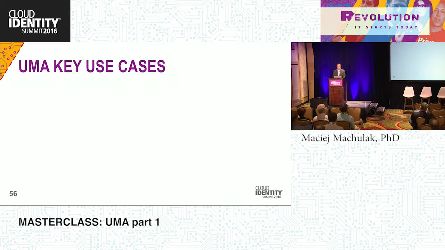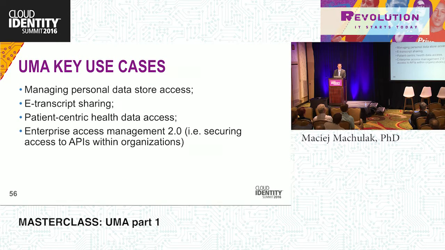We'll skip that, but the set of use cases that UMA addresses is quite broad. In the work group, we paid a lot of attention to the use cases that we would like to address. Some of these relate specifically to personal information, like personal data, e-transcripts or patient-centric health data.